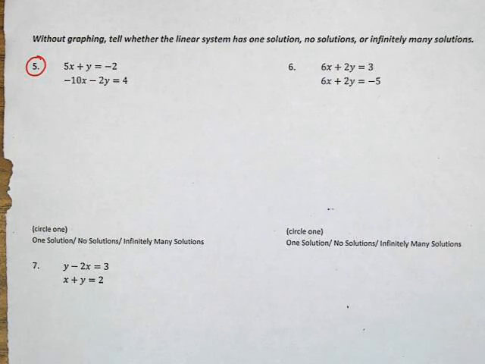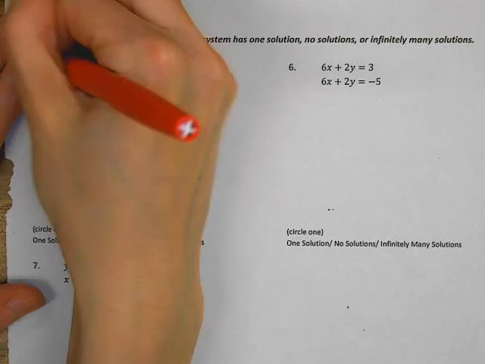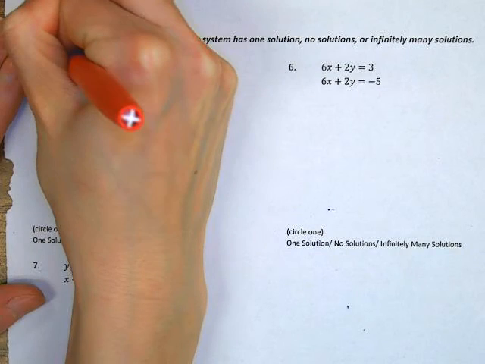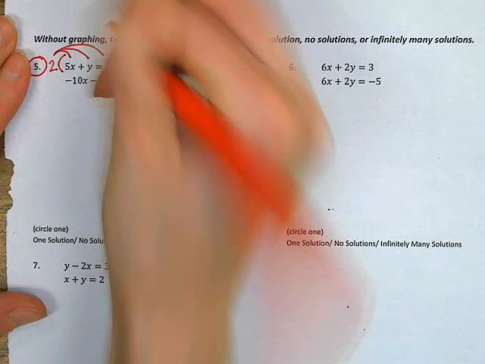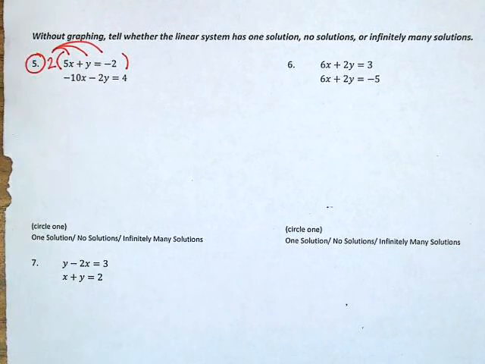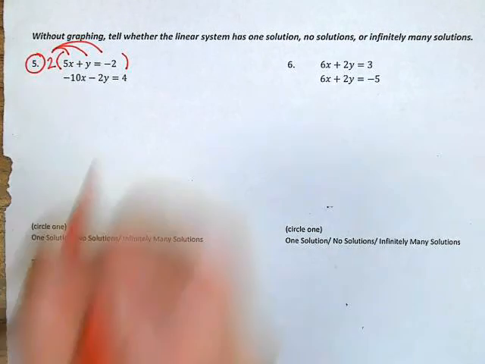Okay, now you guys can pick. Do we want to do elimination, substitution, or graphing? I would say elimination, and I would multiply everything by 2 because a positive 10 will then cancel with a negative 10. So I'm going to do elimination.